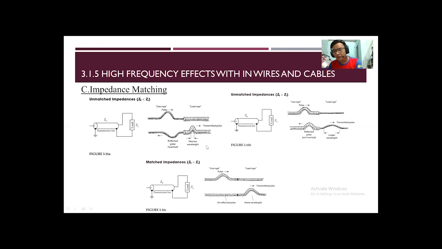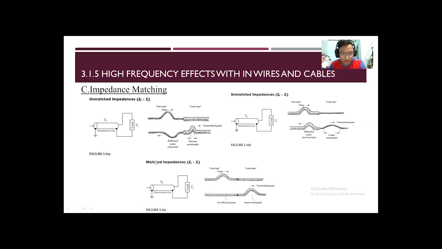So we come to another situation, Z0 greater than ZL. It goes like that, but it also has a reflected pulse, and the reflected pulse is smaller than the transmitted pulse. Anyway, when we have unmatched impedance, we also lose some pulse, some energy.